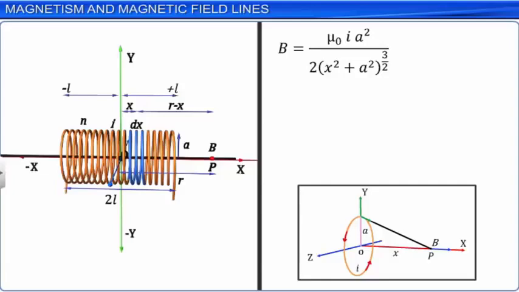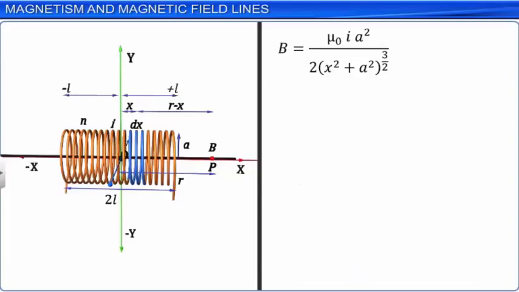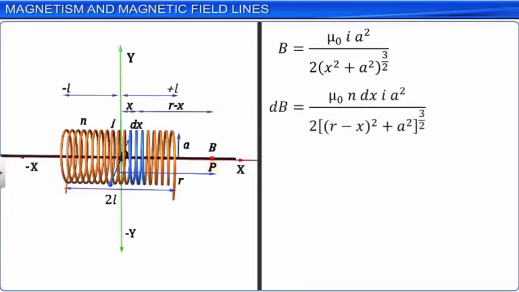Thus, the magnetic induction due to the current passing through the small element of the solenoid at the point P on the axial line, dB, is equal to μ0 n dx I a² by 2 ((r − x)² + a²)^(3/2). The total magnetic induction due to the solenoid can be calculated by dividing the total length of the solenoid into number of small elements.